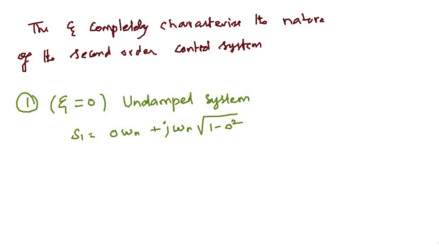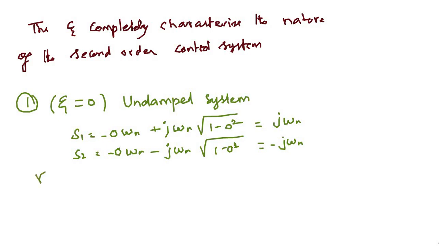And S2 is equal to minus 0 into omega n minus j omega n into square root of 1 minus 0 square. So here you get just j omega n, here you get minus j omega n. So you get roots that are purely imaginary numbers. Roots are purely imaginary and they are complex conjugate, conjugate to each other.